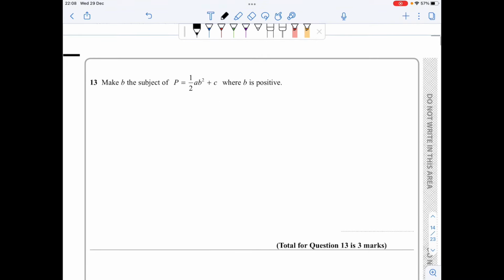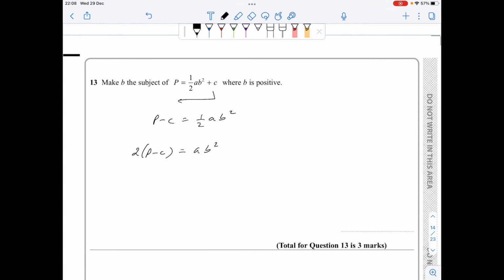For question 13, I'll start by taking c to the left. So p minus c is a half of ab squared. Now I want to get rid of the 1 over 2, so I'll multiply both sides by 2. So 2 times p minus c is equal to ab squared.